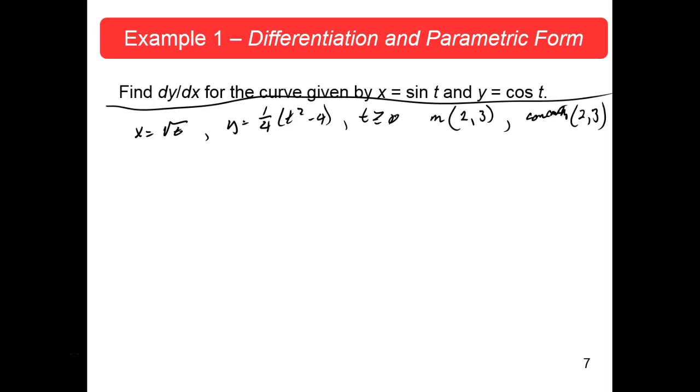And if t is 4, then this would be 16 minus 4. 12 divided by 4 is 3. Yes, that makes sense. The problem is well posed. So we want the slope at that point 2, 3. We know that point exists.